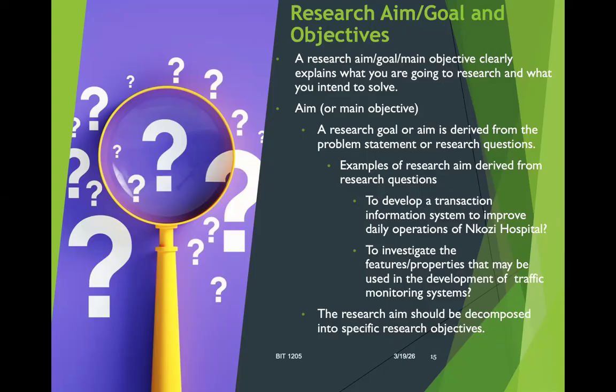So for that matter, when we talk about the specific objectives, we shall look at areas like assessing the need for content creation, then designing a system that can allow AI integration into content creation, until we reach the test and develop. Usually we can list our specific objectives in the form of the system development life cycle.